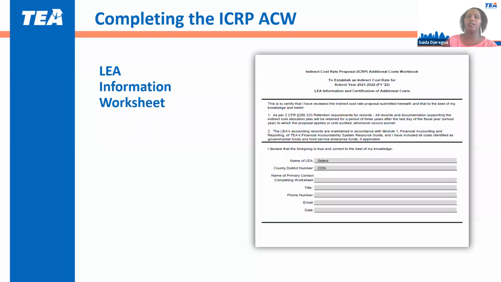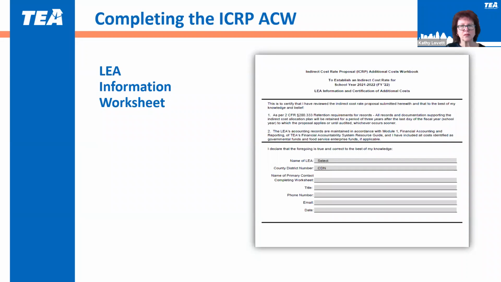Thank you, Kathy. So in the next few slides, we're going to actually look at each tab of the ACW and look at some examples of queries and what information is required to complete the ACW. So this is the first tab, which is the LEA information and certification of additional costs.